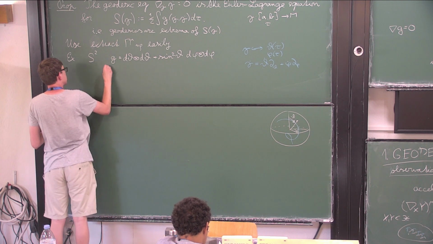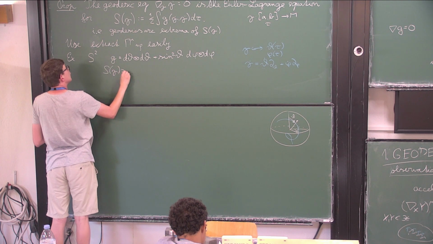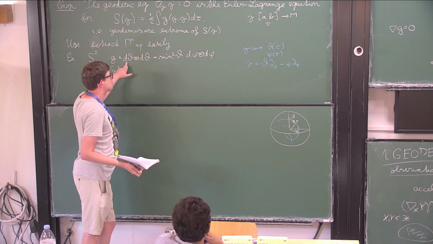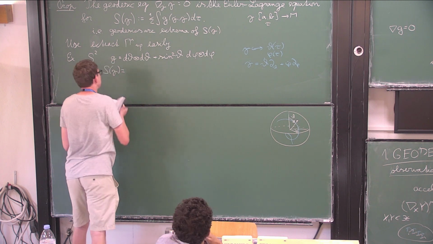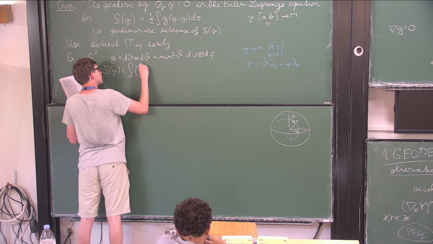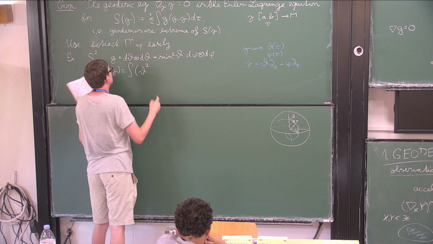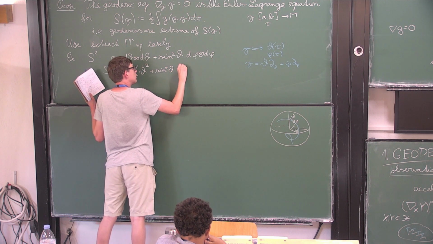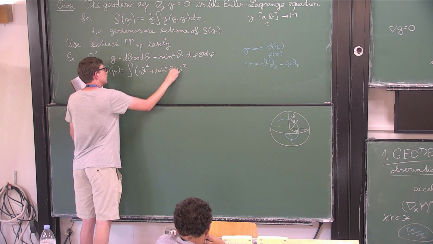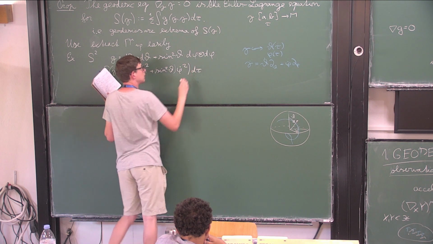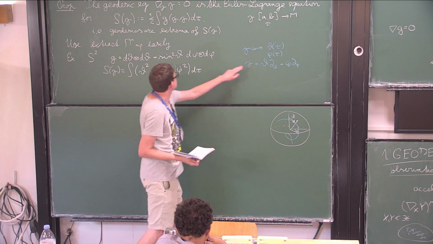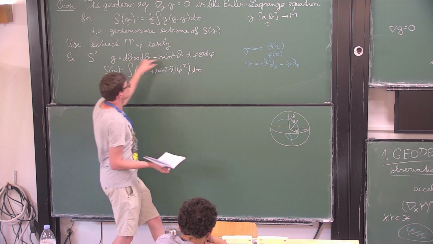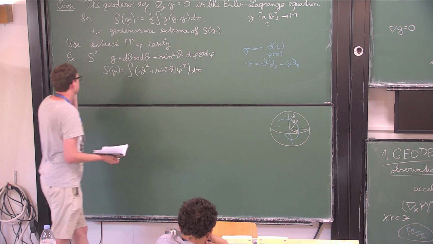I use this as my gamma, substitute it here, and use this metric, and you can easily see that what you get is an integral of theta dot squared plus sine squared theta phi dot squared. You literally just plug this in, pair the d thetas using the first term and pair the d phis using the second term.